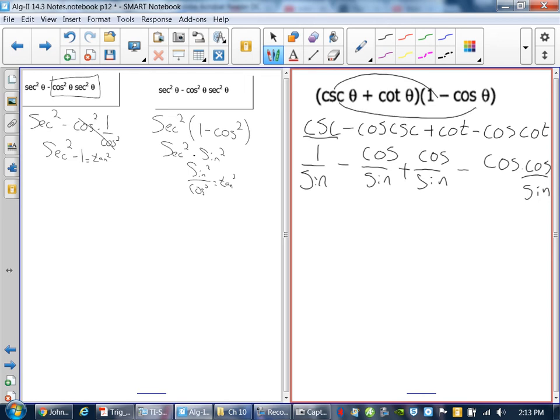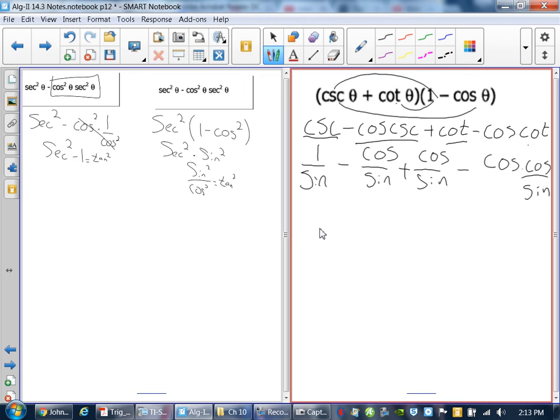Outside is cosecant, cosine here. Cotangent is here. Cosine, cotangent here. Yeah. Cosecant is 1 over sine. Cosine here. Cosecant is 1 over sine. And then cotangent is cosine over sine. Cosine and cosine over sine.